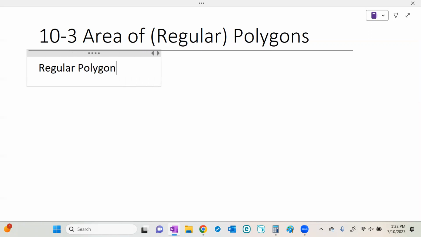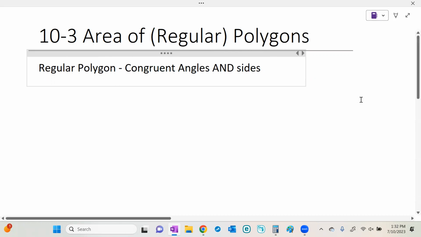But remember, a regular polygon has the same, or congruent, angles and sides. They're all the same. So this formula works for any regular polygon. It's going to be more than just all of those shapes we've done.